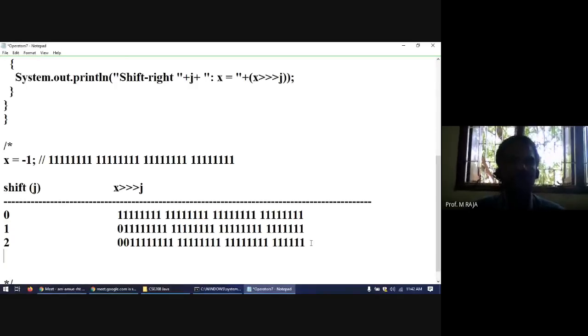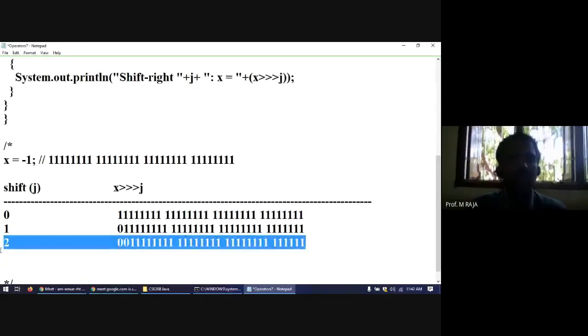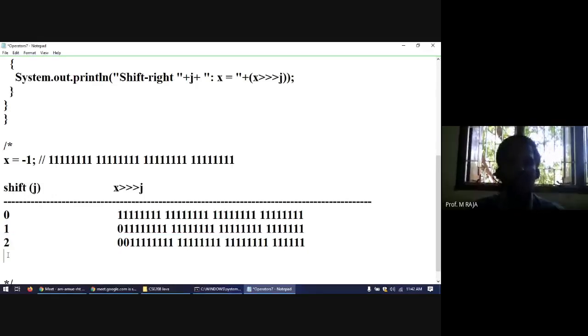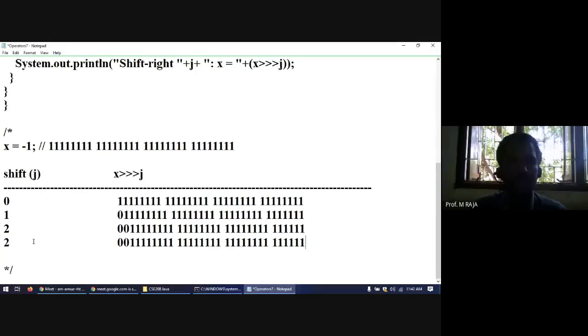Then third operation. Let me write a few values. What happens here? Third bit becomes 0. Then during the fourth unsigned shift right operation, first 4 bits are set to zeros, etc.